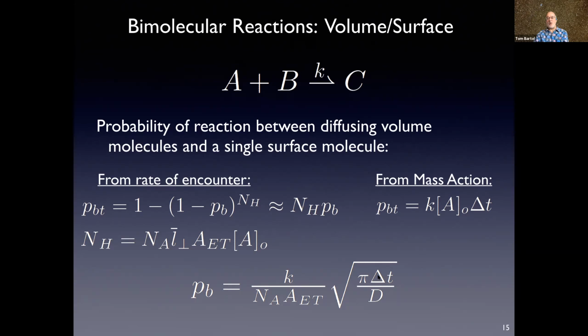But actually, because of the way the random walk algorithm scales, when we make the time step longer, the particles are treated as moving in a straight line between time n and time n plus 1, or time 0 and time 1.